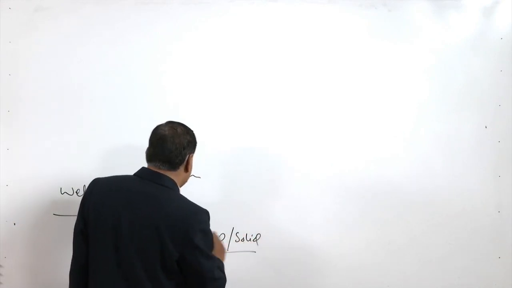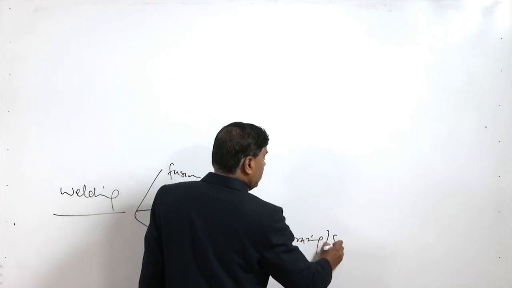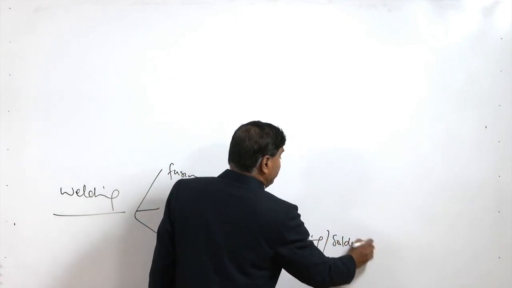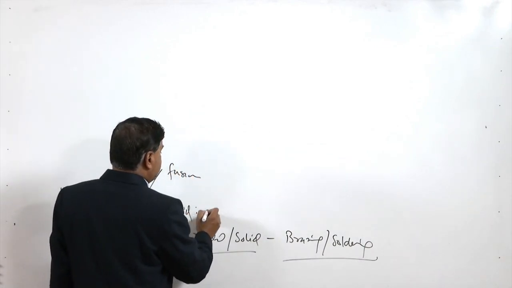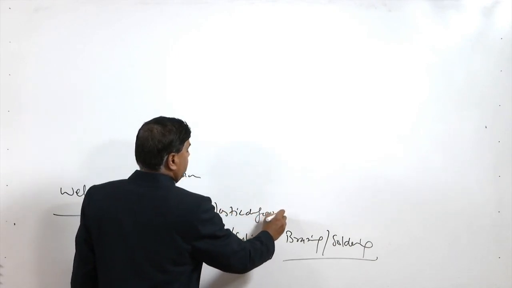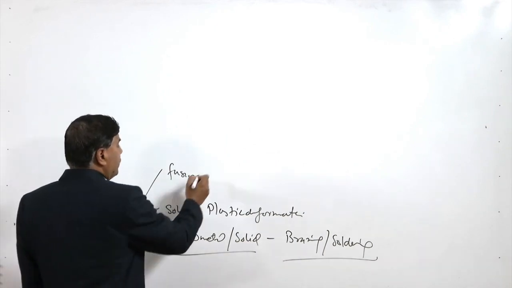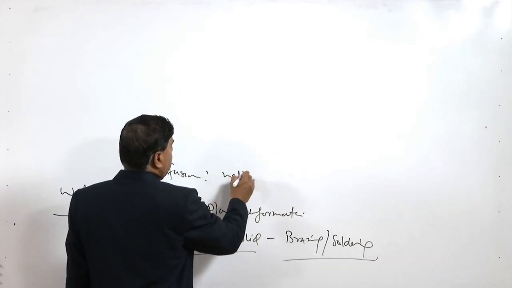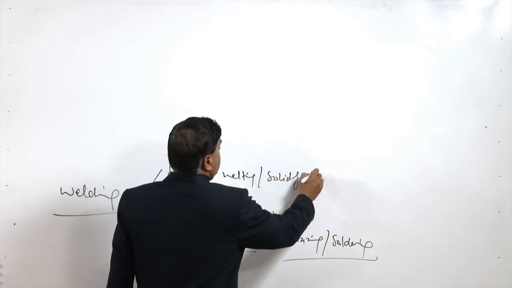These are called liquid solid based processes, and these are brazing and soldering. In the solid state welding processes, basically plastic deformation is the mechanism, and in fusion welding, of course, melting followed by solidification is involved.